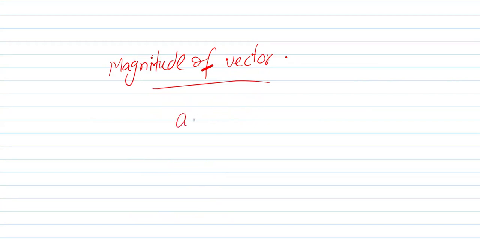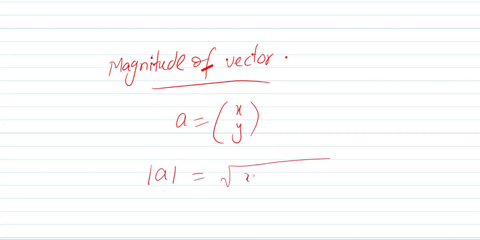Let's say you have a vector A, written in the column vector form as x, y. The magnitude of A is represented by A magnitude or A mod, short form of A modulus. How do we find that? We take the square root of the x component square plus the y component square. This is how we find the magnitude of the vector.